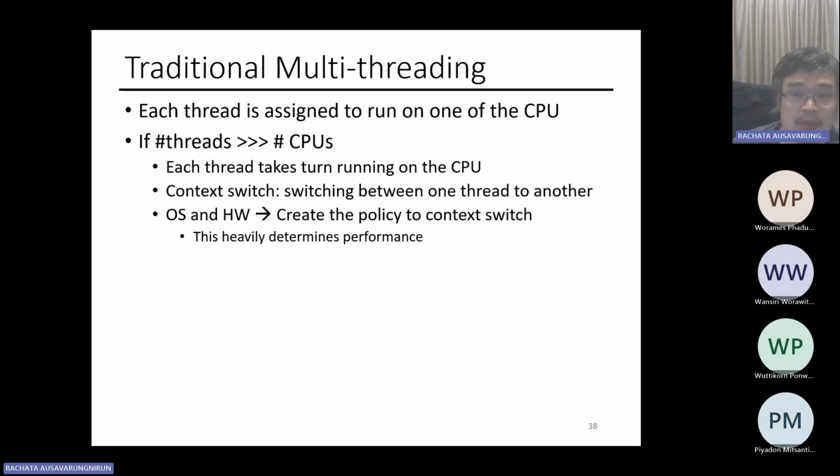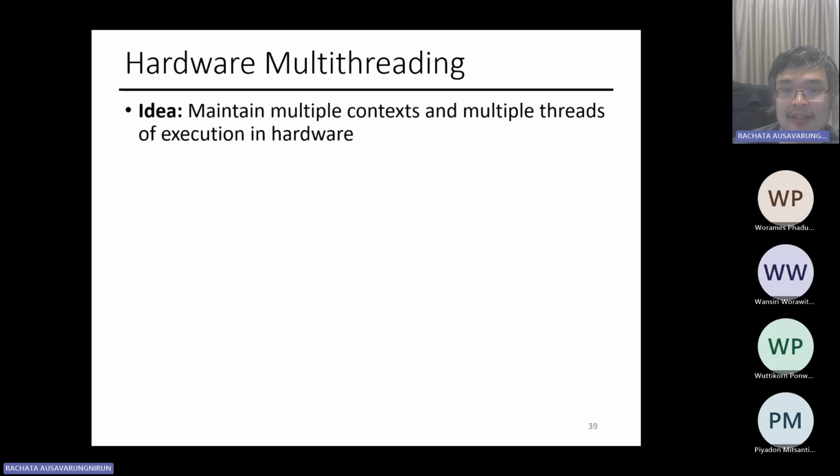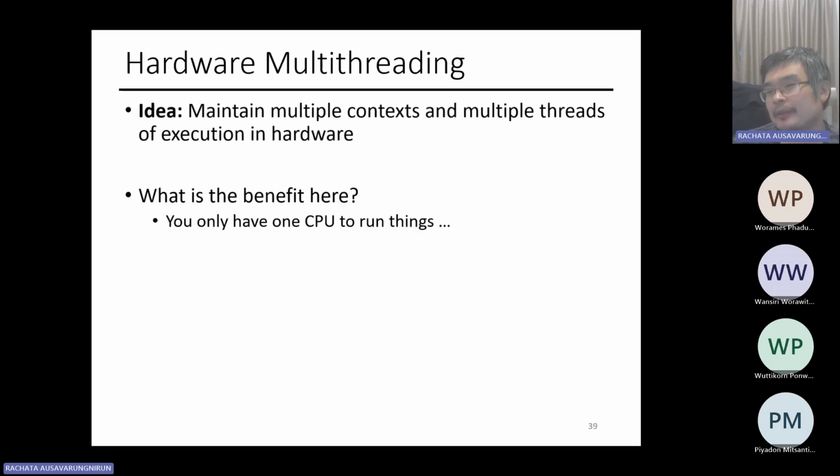And the OS and the hardware create the policy to context switch, right? And this can heavily determine your performance. So hardware multithreading basically also means that one CPU can support multiple threads at the same time. If one of the threads is stalling, I switch and run another thread, right? So the idea is I want to maintain multiple contexts and multiple threads of execution in the hardware.